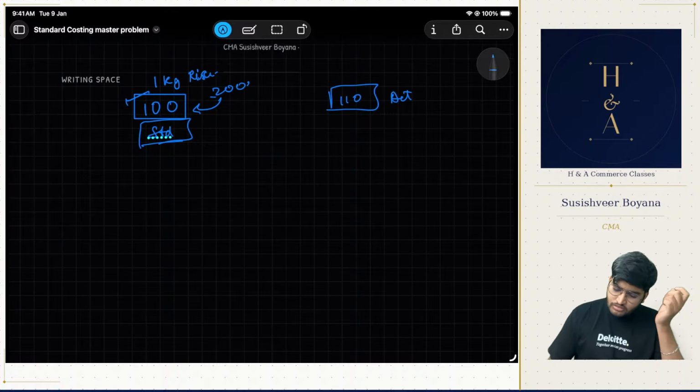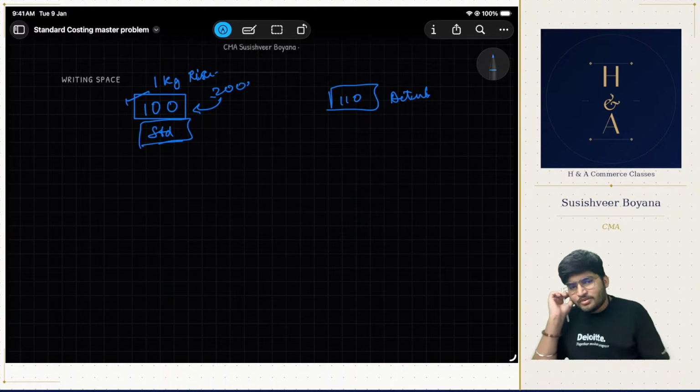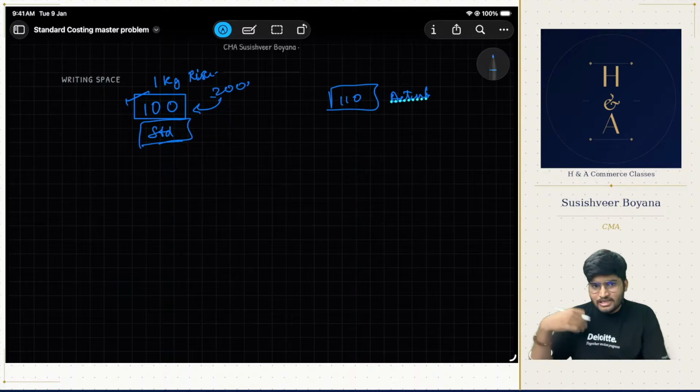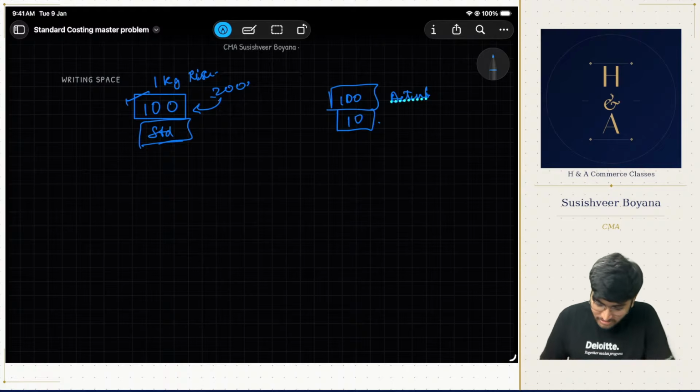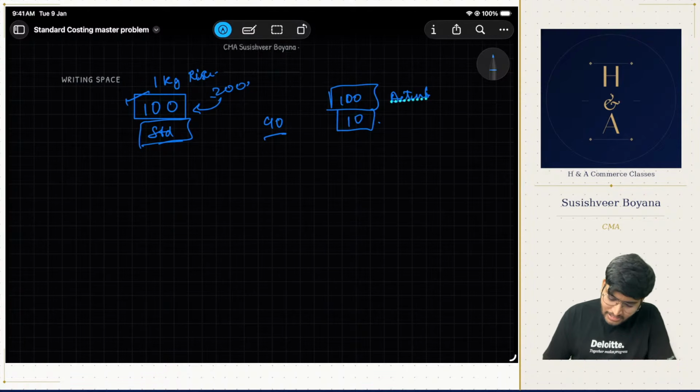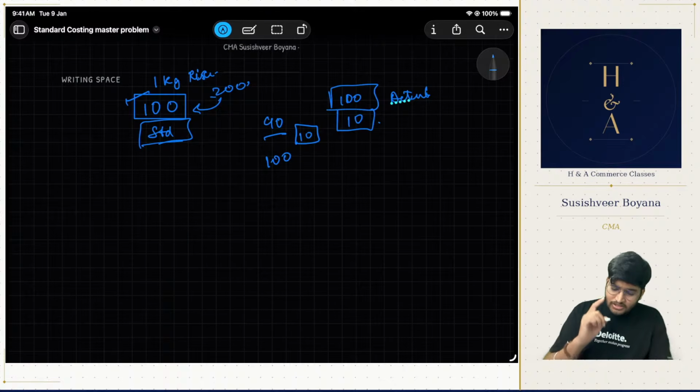This is the actual. When I come home and my mom asks for the change, I put 90 in her hand, and she's going to ask, how much did it cost? 110. Why? Or I might also just spend 100, but purchase something which is not useful. Maybe I do it a lot. In such cases, she might again ask, you gave me 90, but ideally it should have been 100 that you gave me back. Why is there a difference of 10? This is what standard costing is.